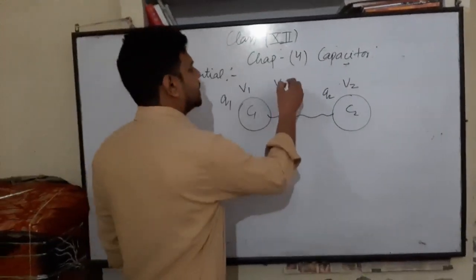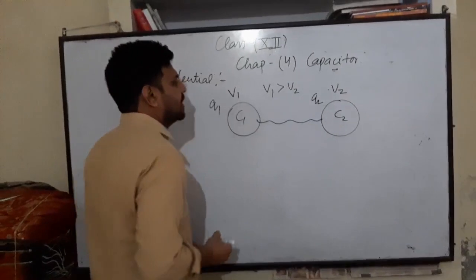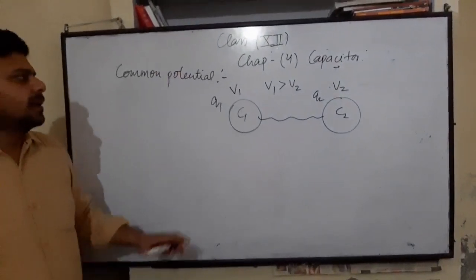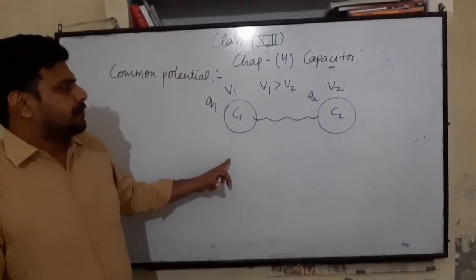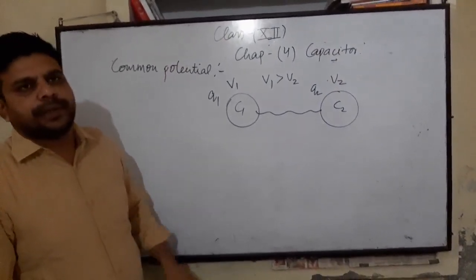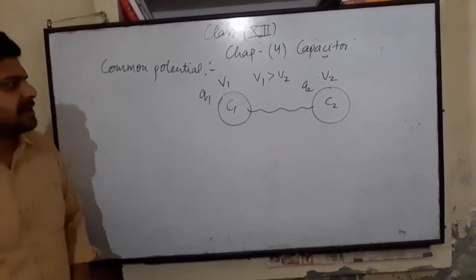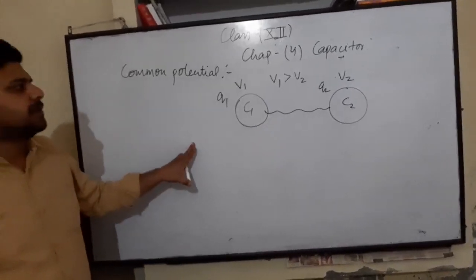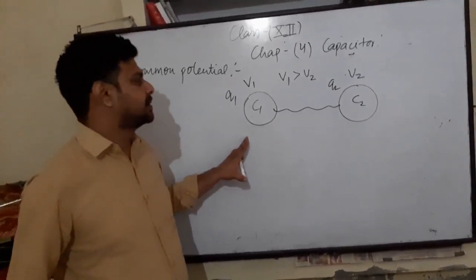Consider V1 is greater than V2. We know potential difference between 2 points is that condition which determines the flow of charge between those 2 points.